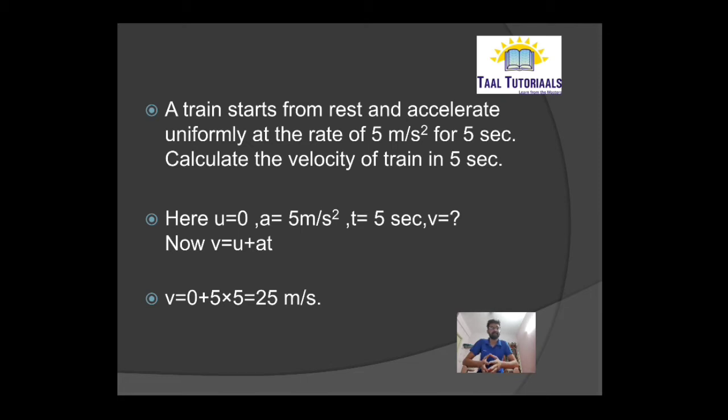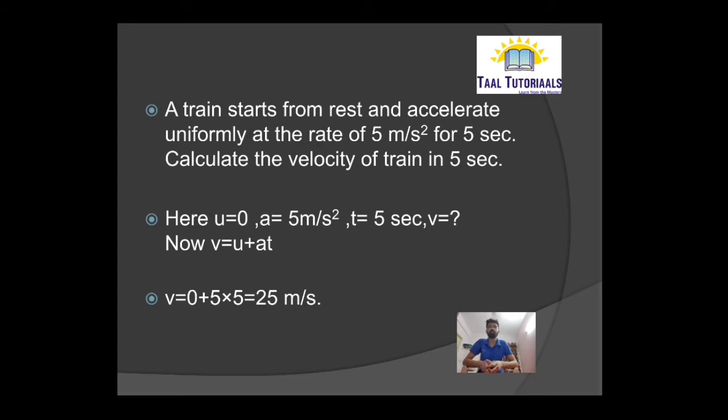Accelerating uniformly means acceleration is given as 5 meter per second square, and time has been given as 5 seconds. So here u is 0, a is 5 meter per second square and t is equal to 5 seconds. We need to find the final velocity, that is v.